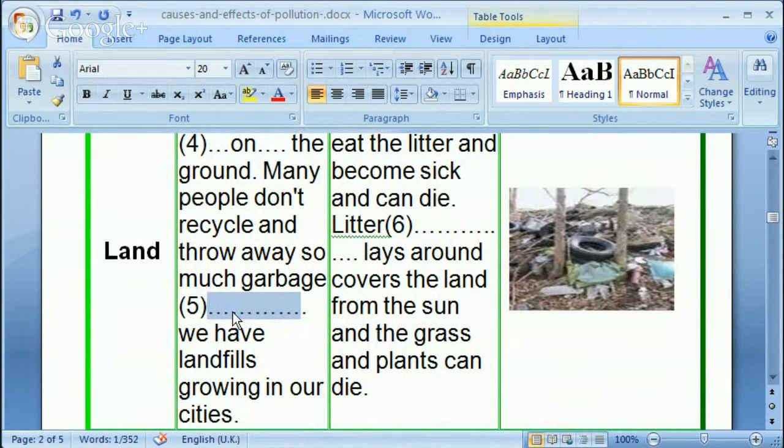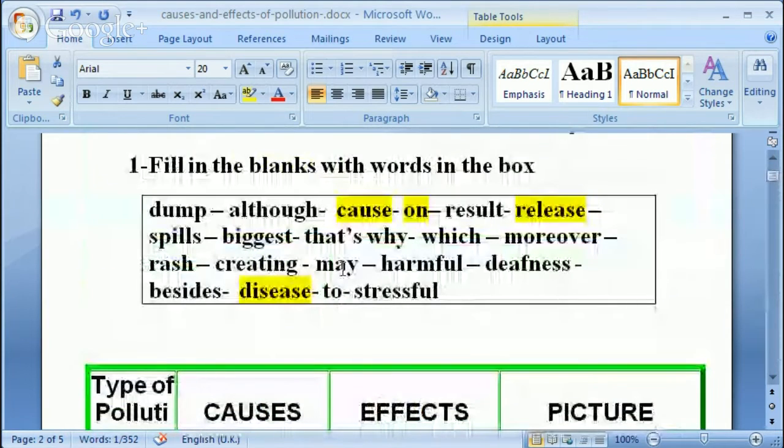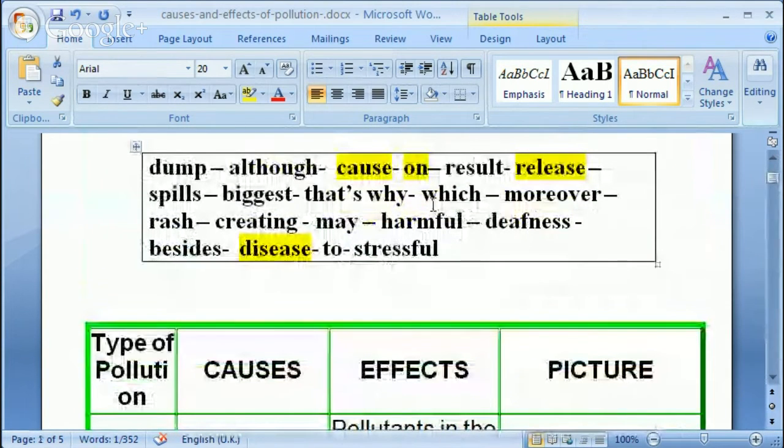Okay, another way to do this is to think about what would work. It would be close enough to the answer that you can think of that would make sense. Throw away so much garbage that we have landfills growing in our city, so that, all right, which is the closest.